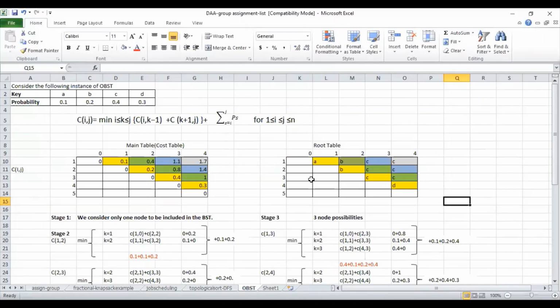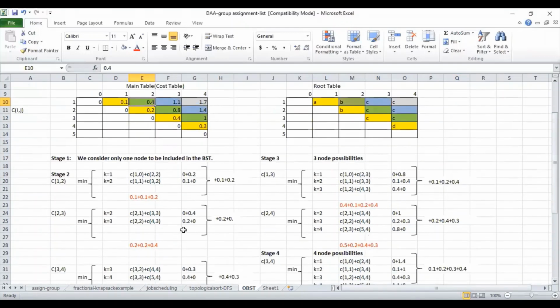Okay. Now we go to the entries in the root table for the second stage. If you look at this entry here, 0.4, it was obtained from the C12 calculation, where we found out of k is equal to 1 or k is equal to 2, which of these cases has generated the optimal, or the minimal, one. k is equal to 2 has been able to give the minimal value for the binary search tree.